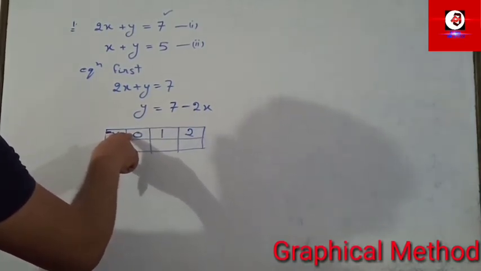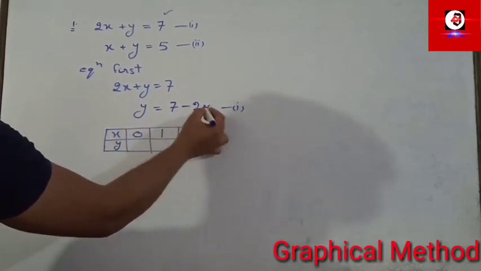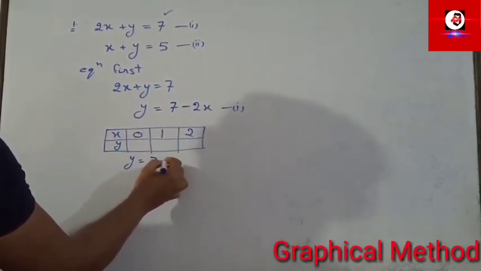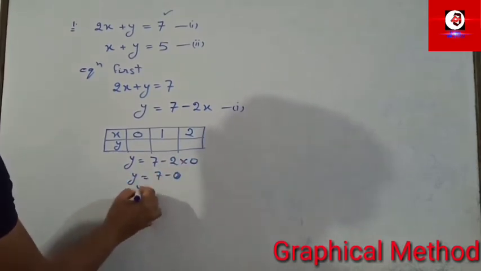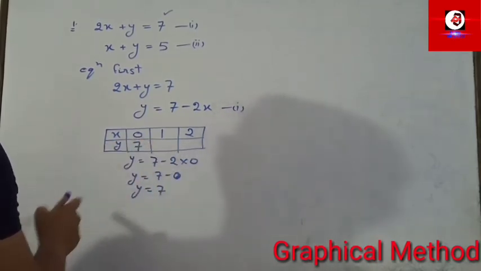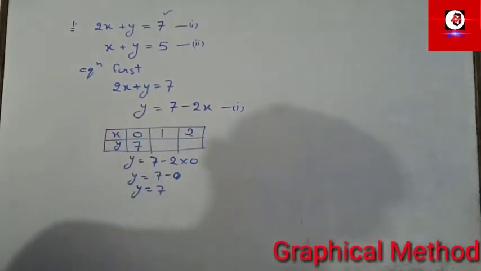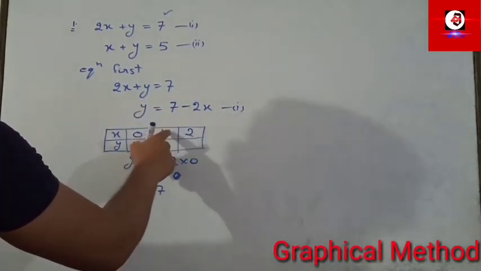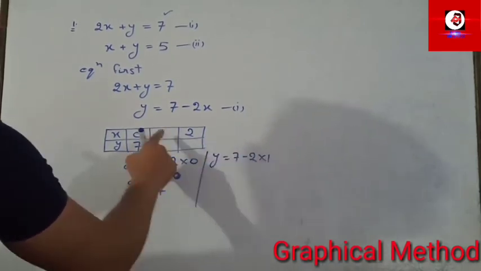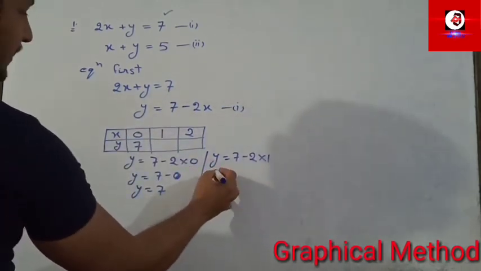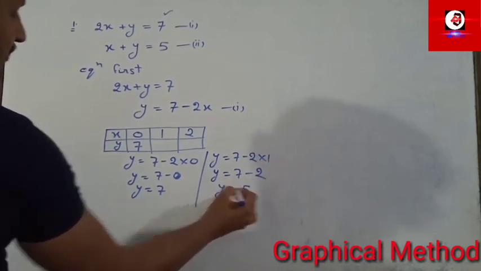If we substitute 0 in equation 1, then y is equal to 7 minus 2 into 0, so y is equal to 7. The first value of y is 7 when we put x as 0. Next we put 1: y is equal to 7 minus 2 into 1, then y is equal to 5.